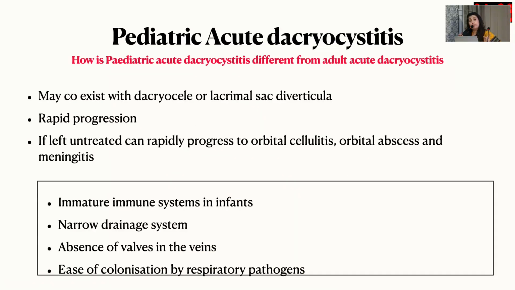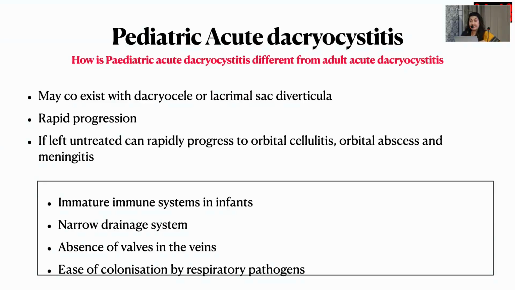Now coming to the pediatric population, what is different in it? Why are we emphasizing this comparison? Simple reason being that in a pediatric population, the immune system is immature. We have valveless veins and a narrow drainage system.